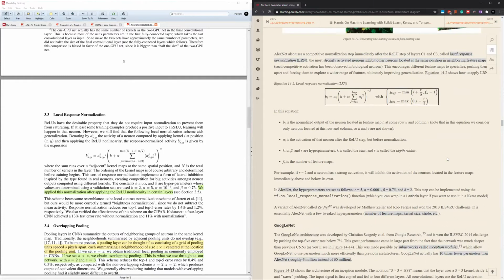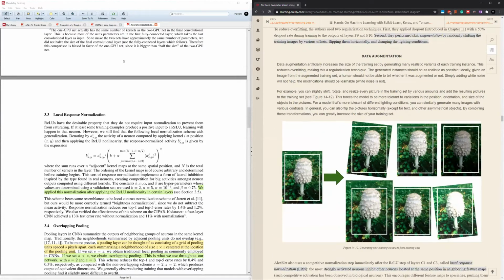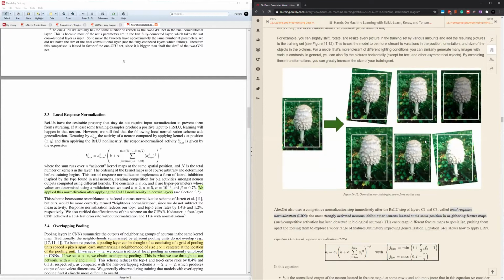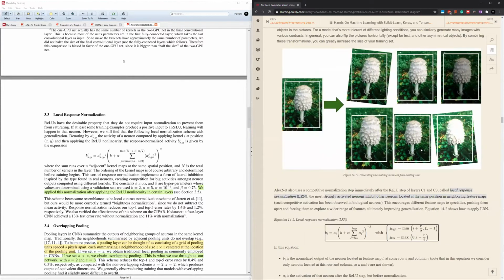So this was with respect to the local response normalization, which they introduced in AlexNet.